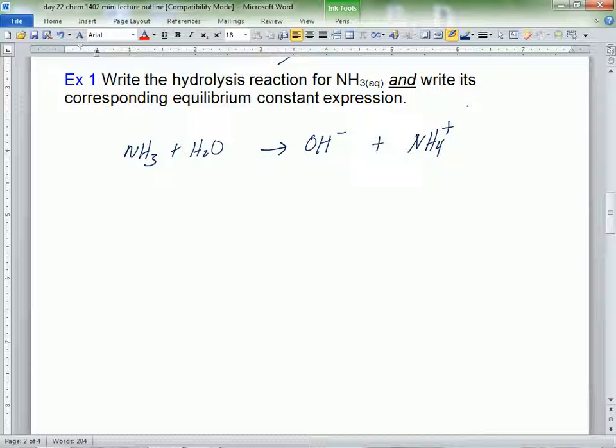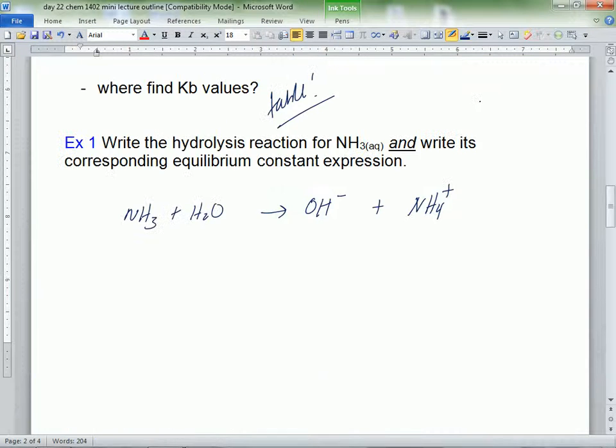So the convention for ammonia is to add it to NH4 plus because we call that ion ammonium. But a lot of folks like to put that acidic hydrogen out front, so they might write HNH3 plus. That's fine. I don't care. Just need 4 hydrogens. Oh, we need the equilibrium constant expression.